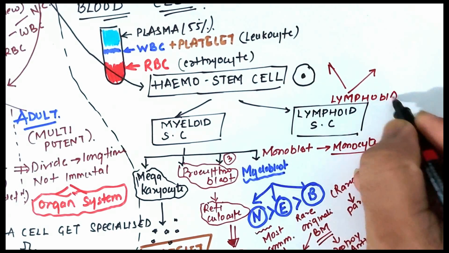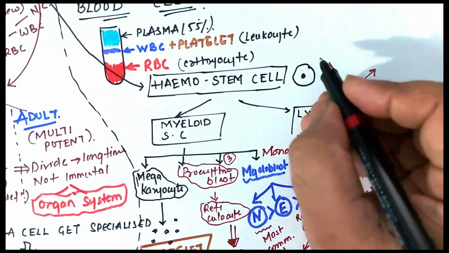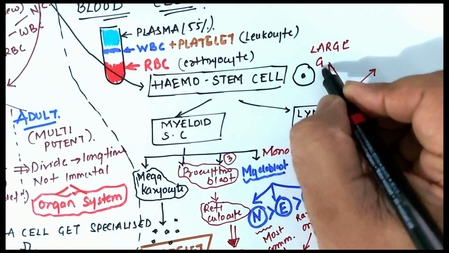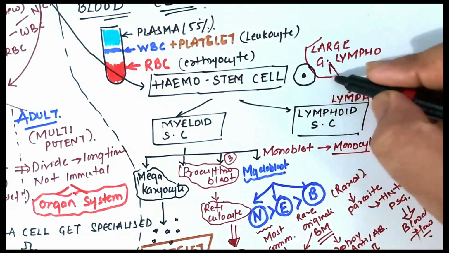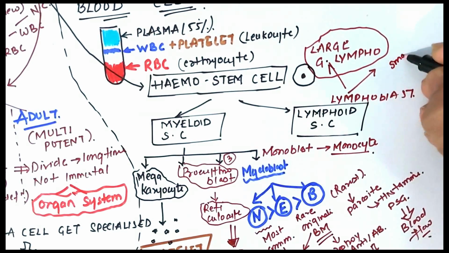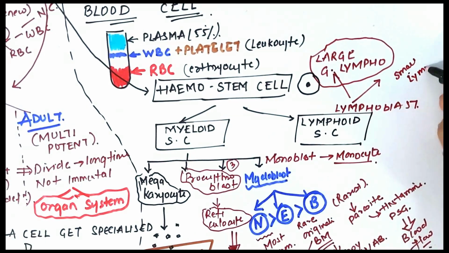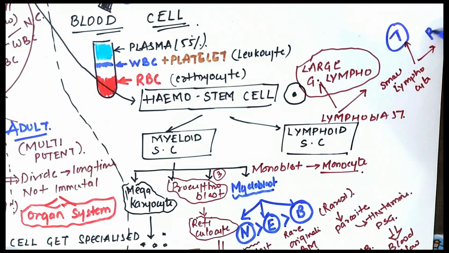The lymphoid stem cells are the lymphoblast, precursor for the large granular lymphocytes and small lymphocytes. Small lymphocytes are of two types, the T cells and the B cells.